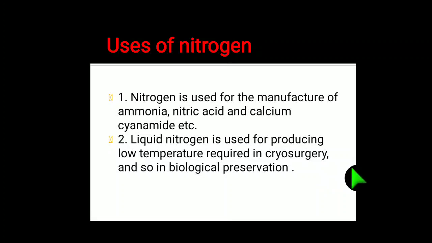The surgery most often uses liquid nitrogen, although CO2 and argon may be used. It is also used in biological preservation.